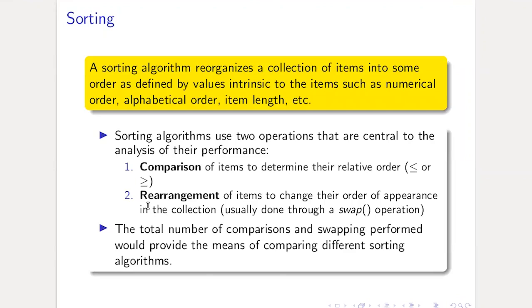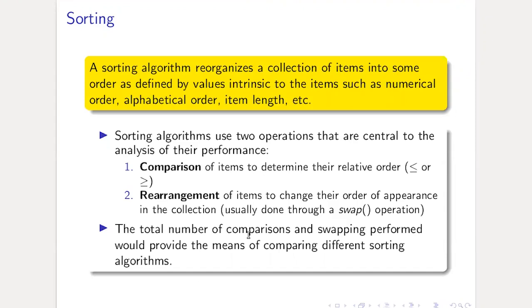Sometimes it can be done by shifting, but most often it is done by a swap. Two items are swapped in their locations, right? So when you consider the overall cost of a sorting algorithm, you have to take into consideration both the number of comparisons and the number of swappings that have been performed.